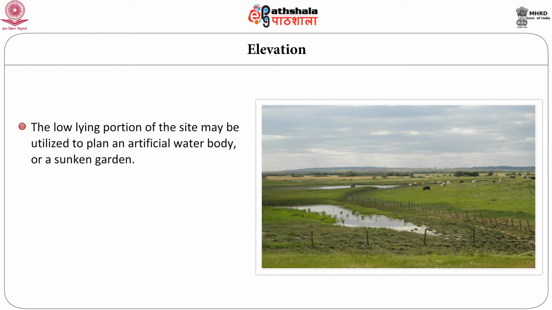A site on a low-lying land is to be avoided, as this could lead to stagnation of water, and also the wastewater and rainwater from the neighboring sites may flow into the site and stagnate.